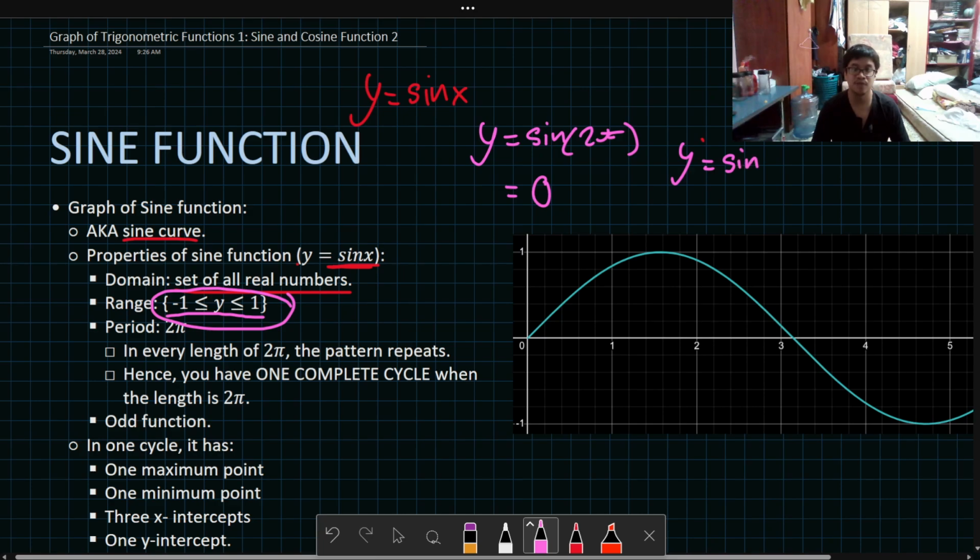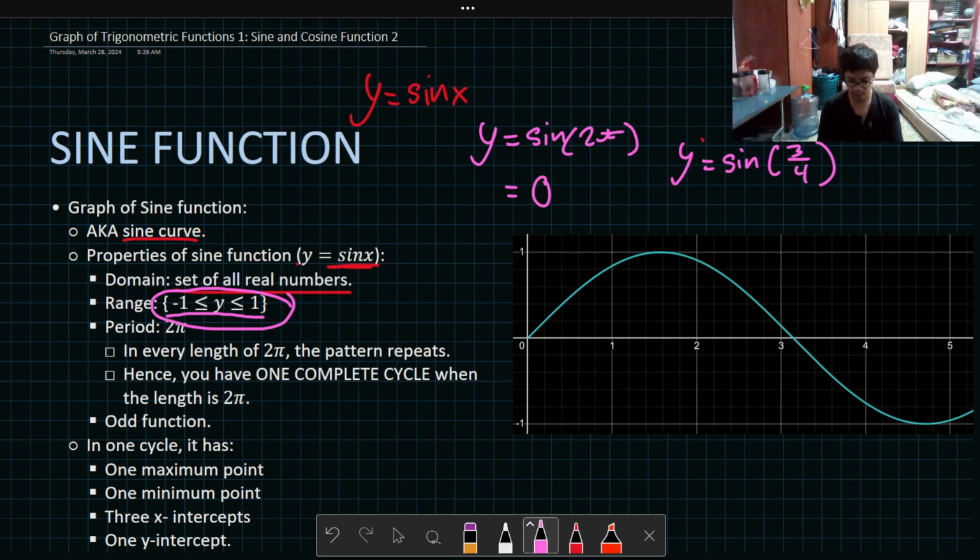Because if you substitute a value on the x of a sine function or any trigonometric function, it should be either in radians or in degrees. So since I'm going to substitute any number, I assume that this should be in radians. So for example, I have 3/4. If I substitute 3/4 here, let me just open my calculator for a second.